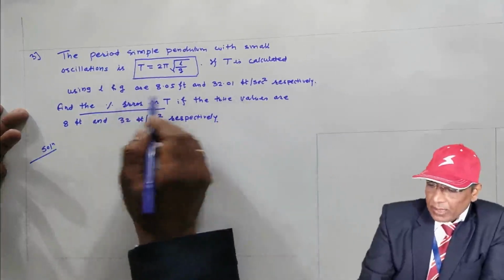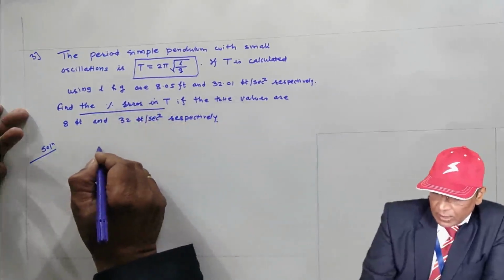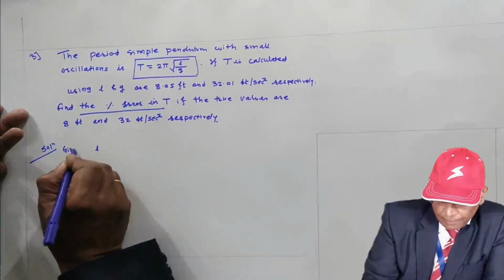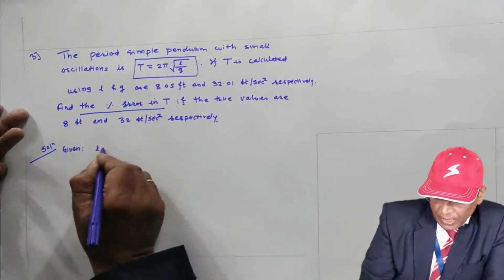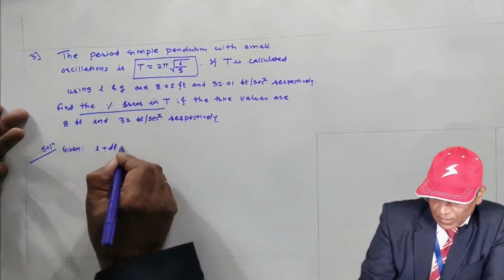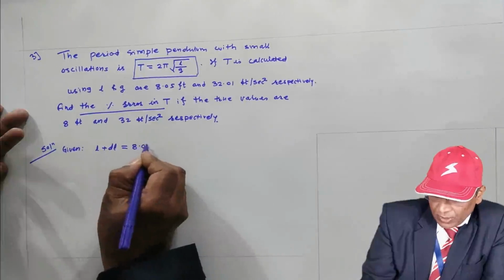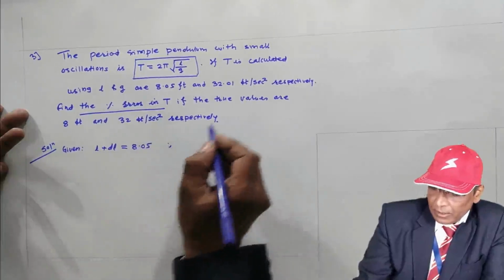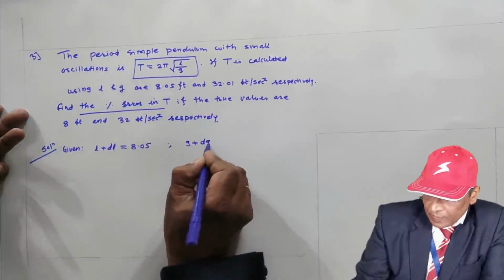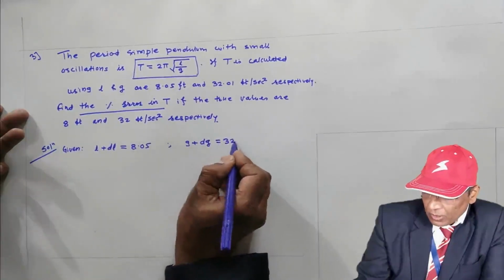Now, the calculated values: L plus DL is 8.05 and G plus DG is 32.01.